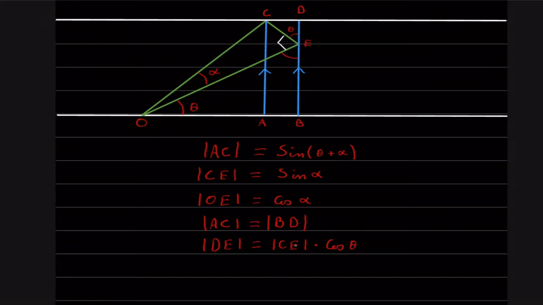We already established that CE over here is the same as this CE over here. So we can put sine alpha into this equation and get an equation for DE. DE is equal to sine alpha times cos theta.